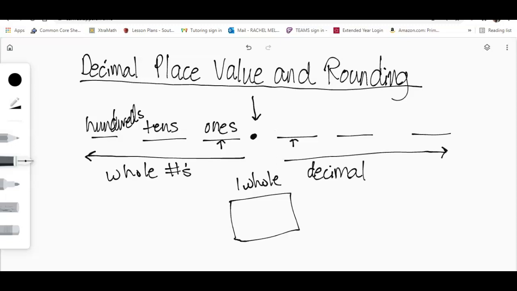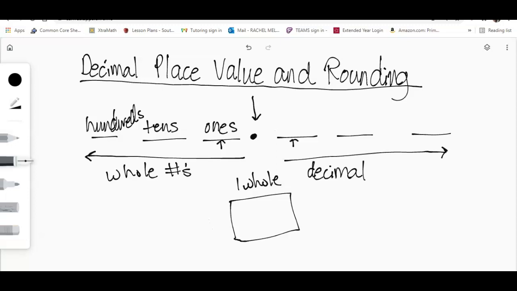If there was such a thing as a oneth, it's going to be exactly the same thing as a whole, because a oneth would just be one piece out of the whole. So technically a whole and a oneth, if oneth was real, would be the same thing. So there is no such thing as a oneth.